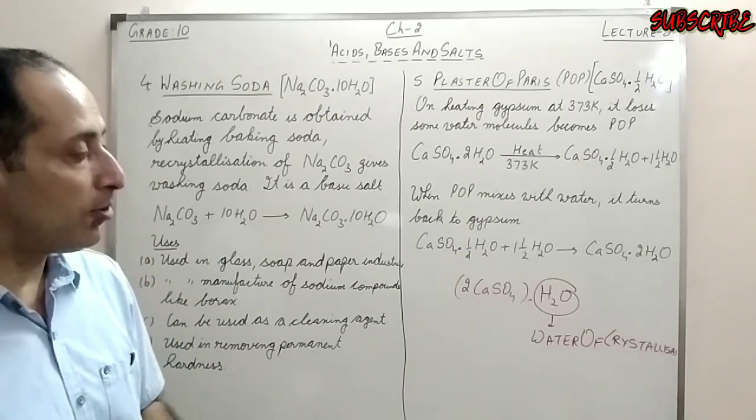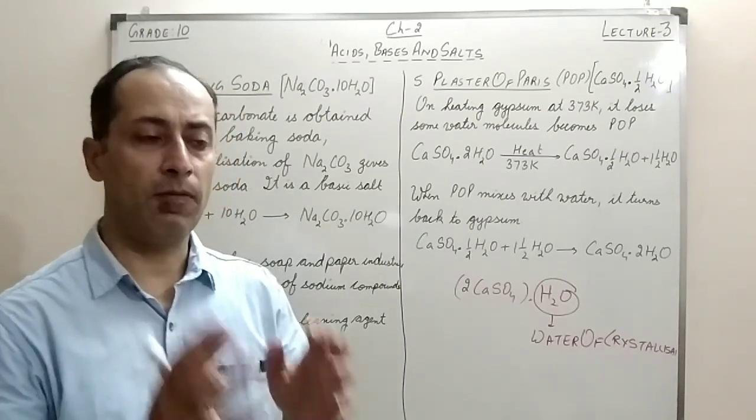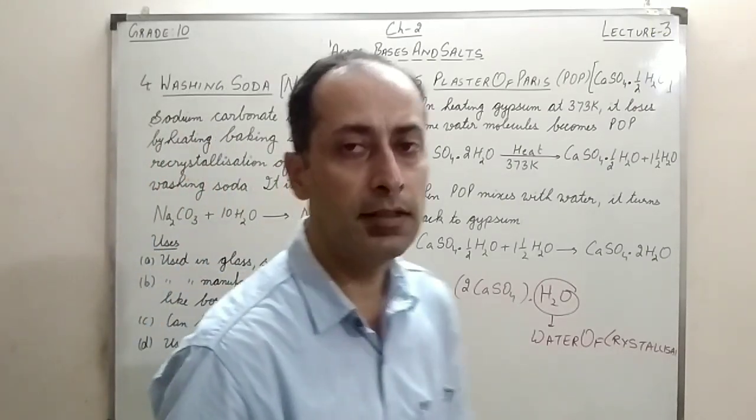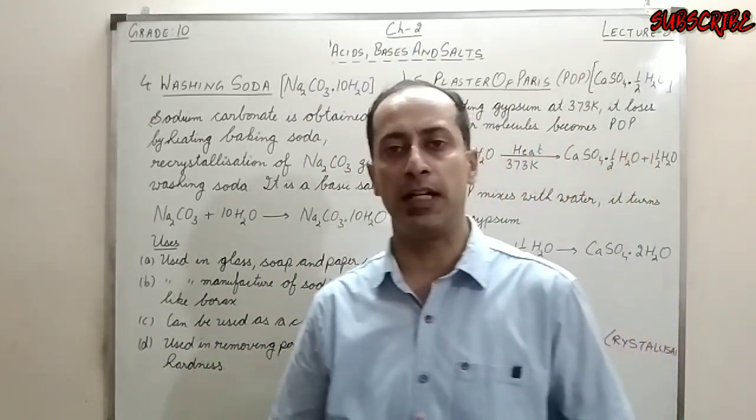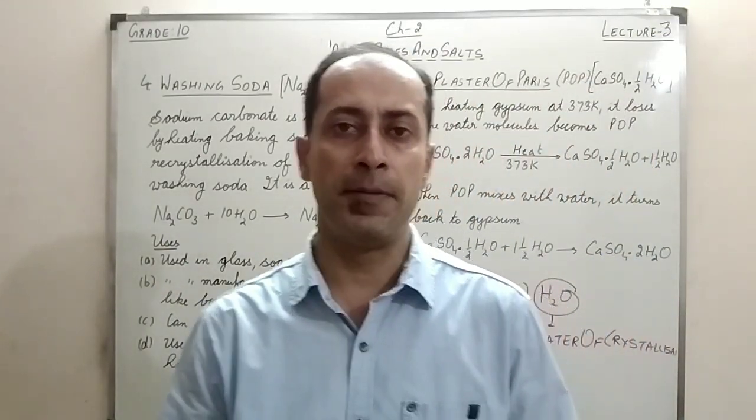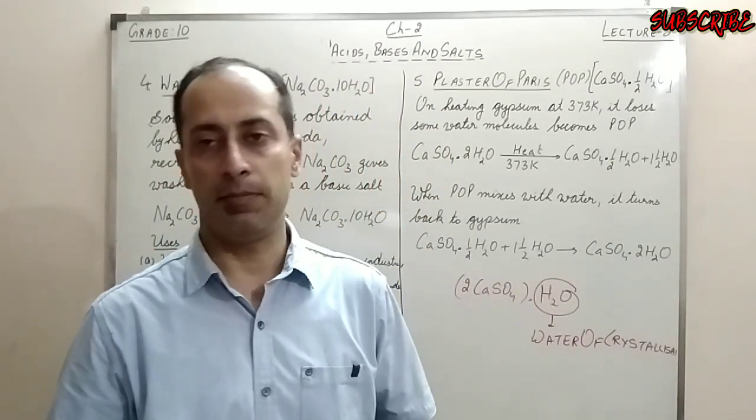Right, now what is this water of crystallization? Well, as I said, when the salt turns into crystals, when the crystals of salt are formed, some water molecules get attached to them, due to which this thing happens.